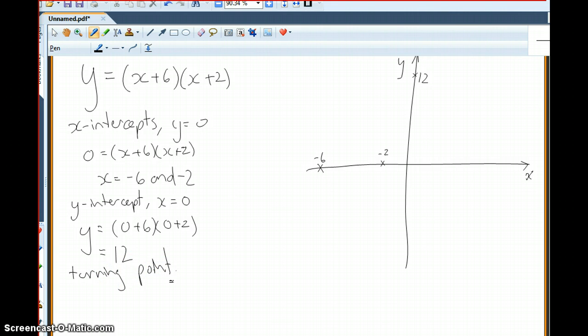How do I find the turning point? Exactly, Liam. Halfway between minus 2 and minus 6. The turning point will be halfway between the two x-intercepts.